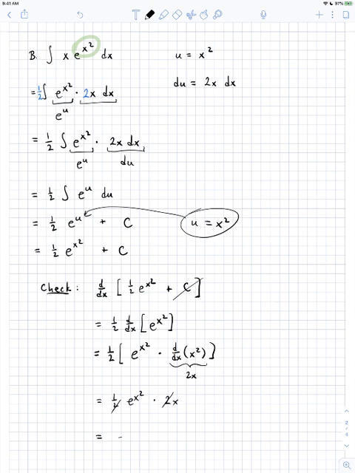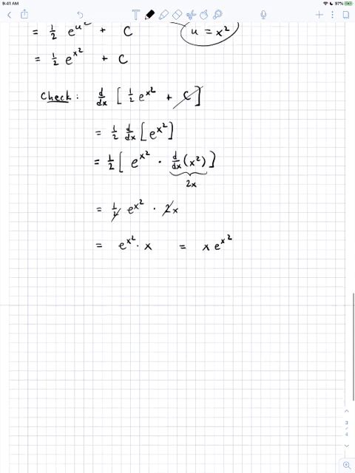So we just end up with e to the x squared times x, which is what we started with. Well, we started with x times e to the x squared, but it's all right if I write it on the other side. These two things are equal. This is equal to x times e to the x squared. So our answer was 1/2 e to the x squared plus a constant of integration. And if you differentiate your answer, you get back your original integrand. So that means you have the right answer.